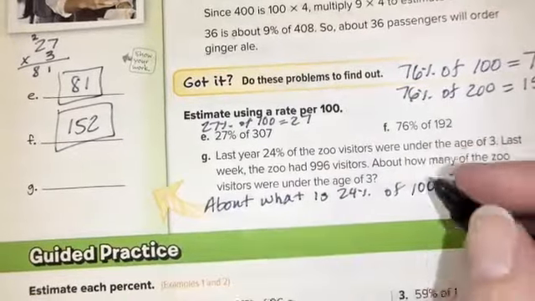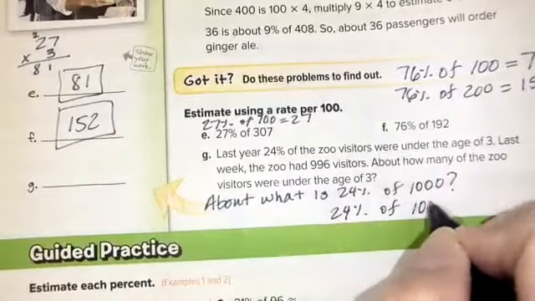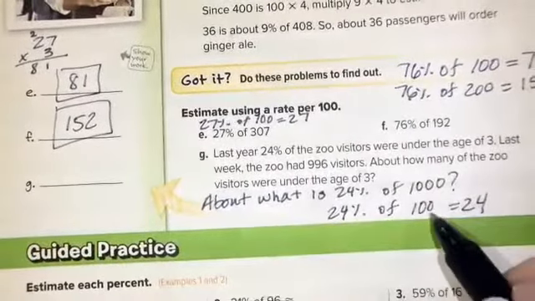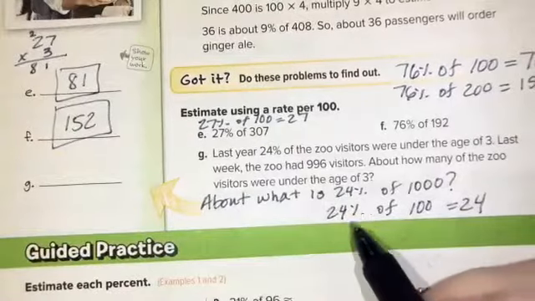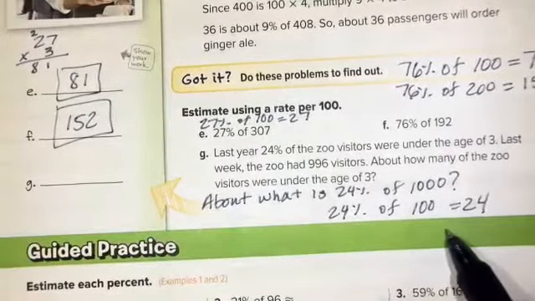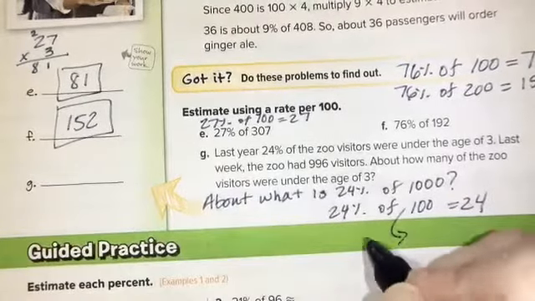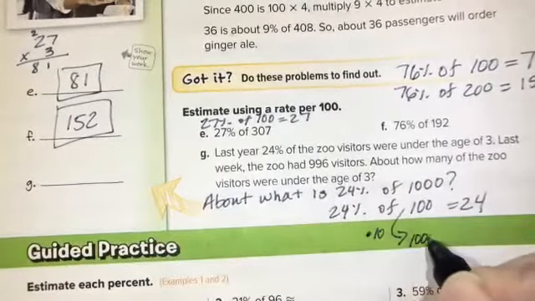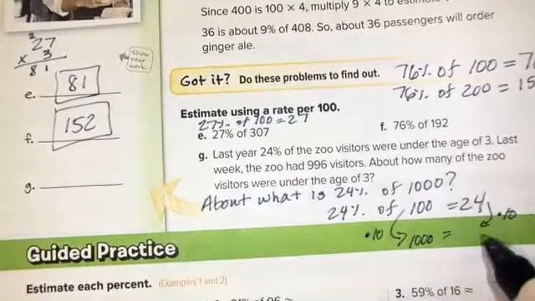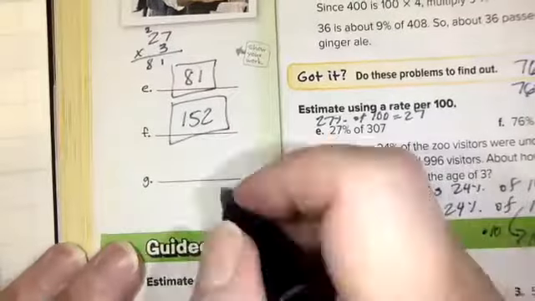Okay, so 24% of 100 would be 24. So I'm going to take just per 100. But I didn't have 100. I had 1,000, which is 10 times as much. So I'm going to multiply that by 10. Then I take my 24 and multiply it by 10, and I get 240. So approximately 240.